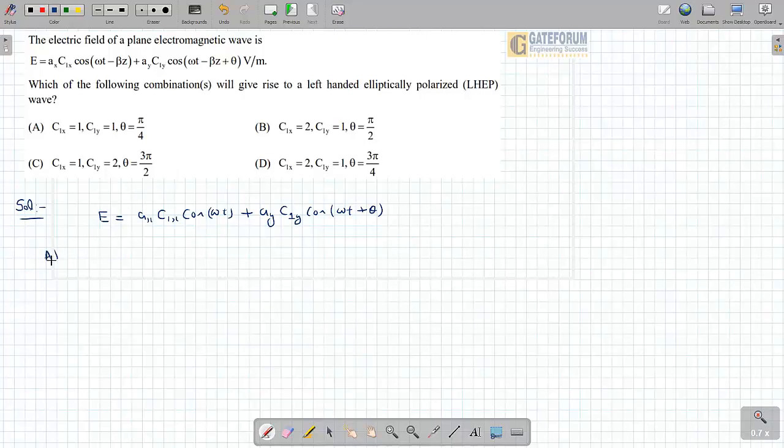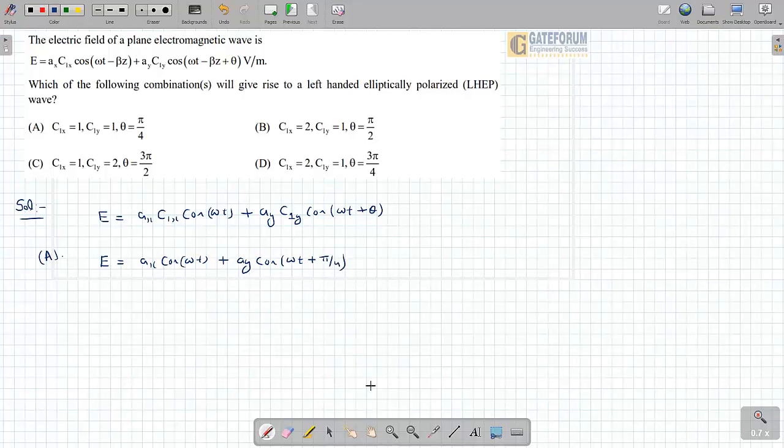So option A. C1x is 1 and C1y is 1. Theta is 5/4. So the electric field in this case will become Ax cos omega t plus Ay cos (omega t plus 5/4).